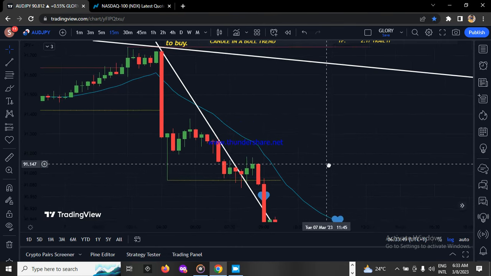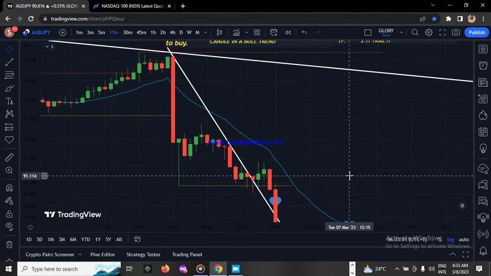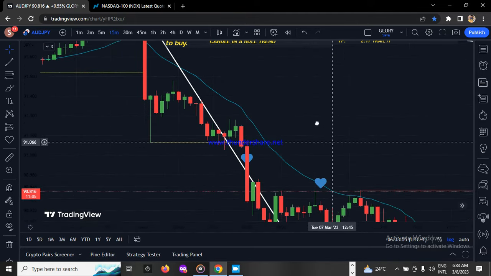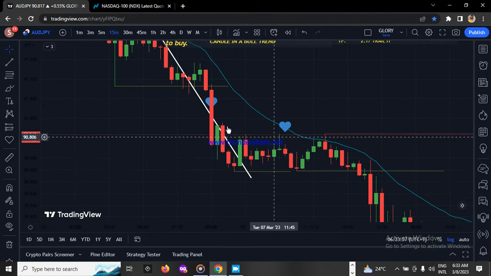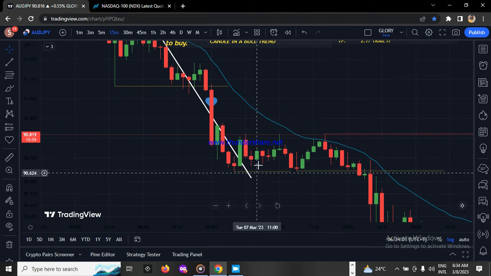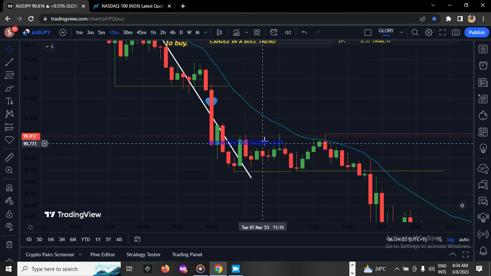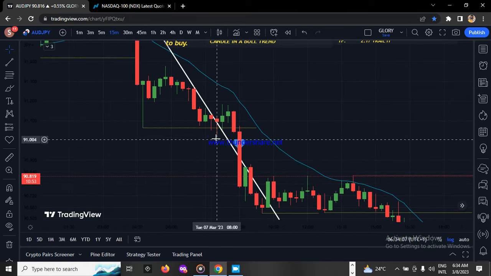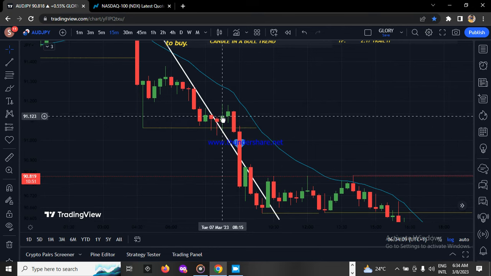Let's move to another example. Look at another scenario here, another scenario of the bulls being trapped. The same thing equally happened here.